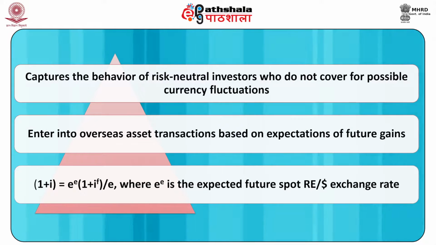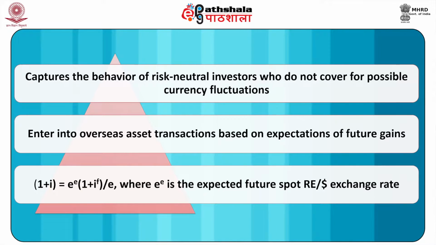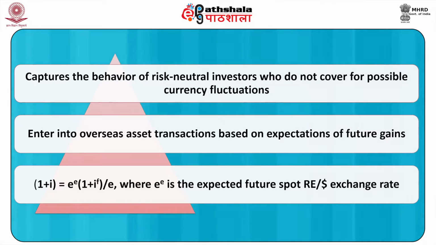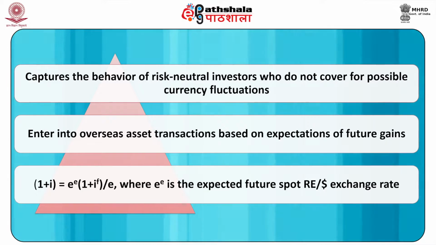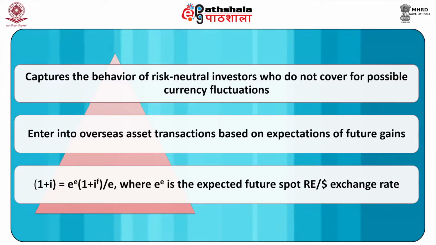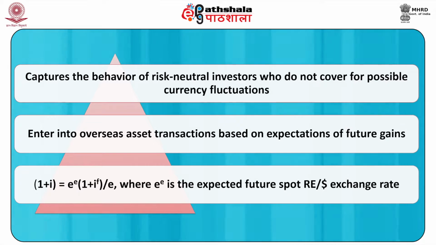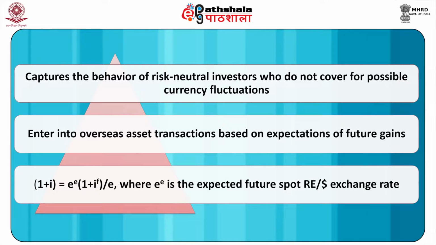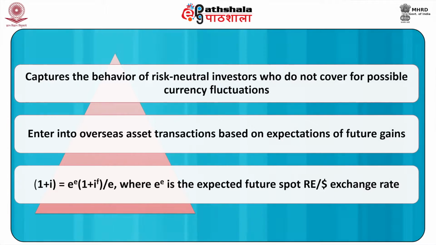However, the uncovered interest parity condition captures the behavior of risk-neutral investors who do not cover for possible currency fluctuations and enter into overseas asset transactions based on expectations of future gains. So in this case, investors do not sell forward an equivalent amount of foreign currency to purchase domestic currency to safeguard against possible currency volatility, and the UIP condition may be stated as follows.